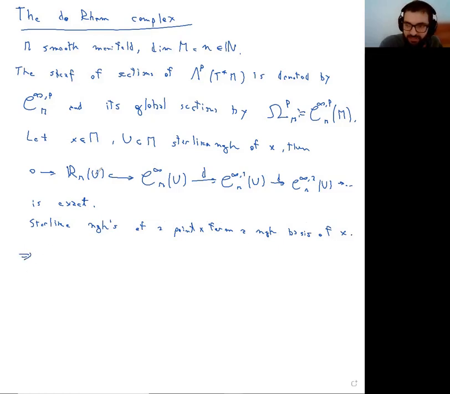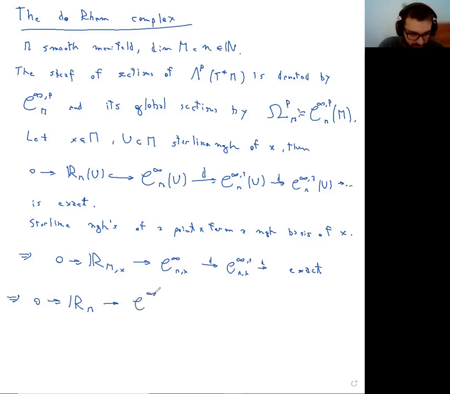And therefore, when we take the direct limit, in particular, we can take the direct limit over this particular neighborhood basis of star-like domains. So what we achieve is that if we just look at the stalks, this is exact. And by the theorem from last time, we get that the sequence of sheaves is exact.